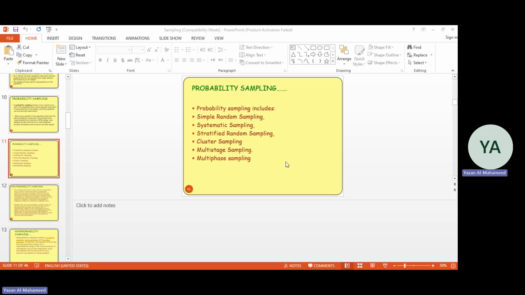So the number of strata to be included depends on the researcher's criteria that help him fulfill the objectives of the study.